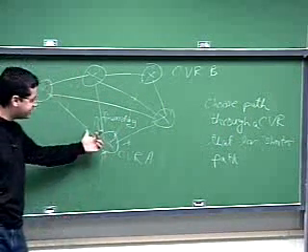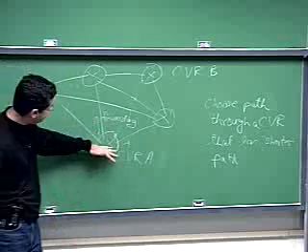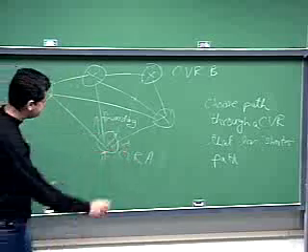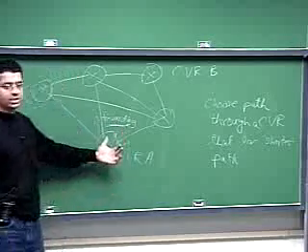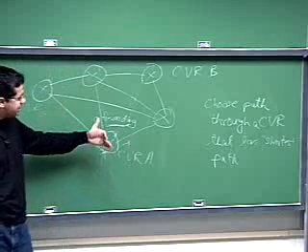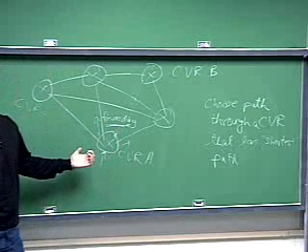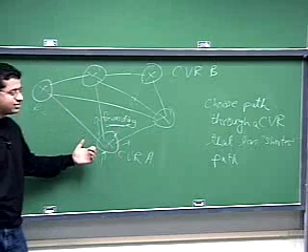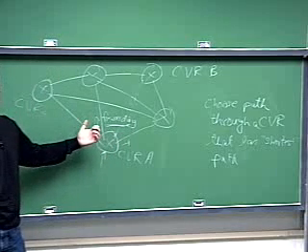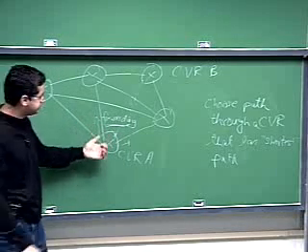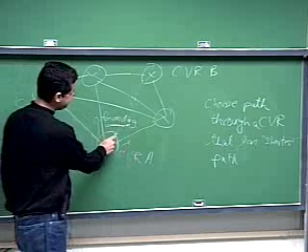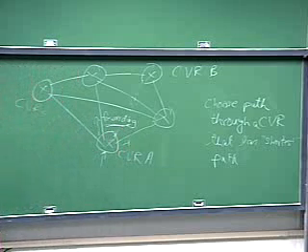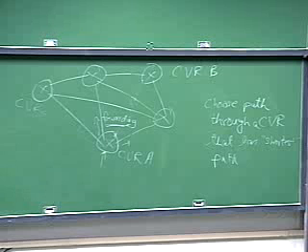You have a number of different output links available from this CVR. So forwarding is one aspect of that. And then the second aspect is choosing which of these links should you forward it on. So forwarding and choosing the right link or the right path, they are related but they are different.